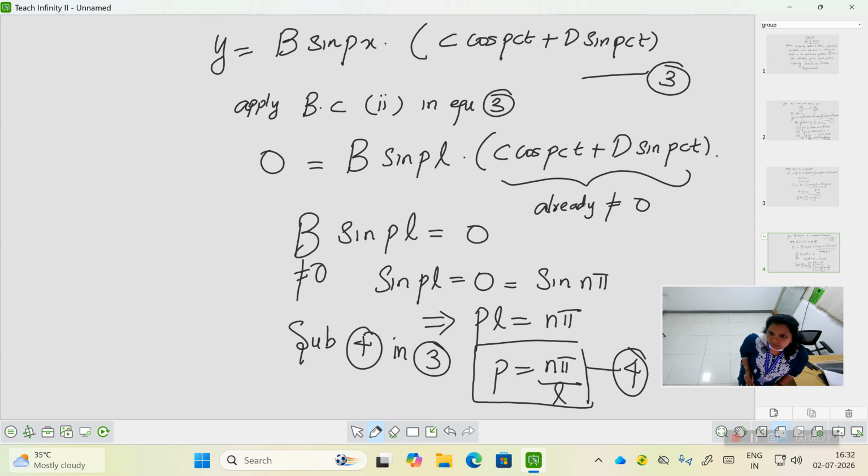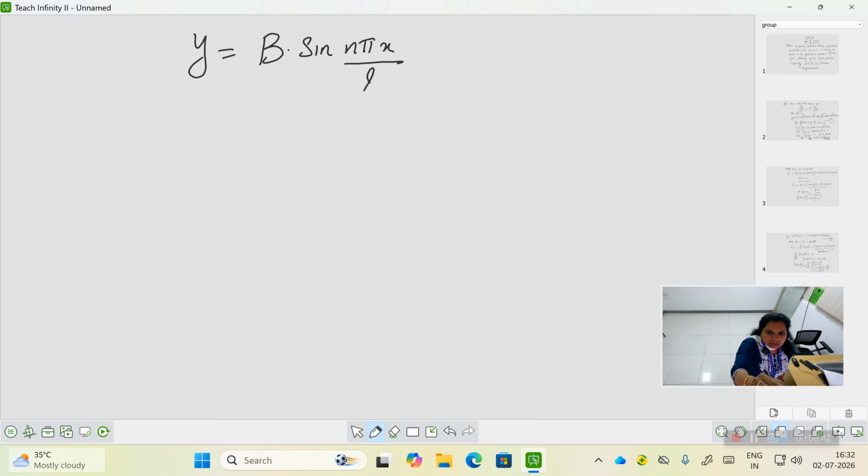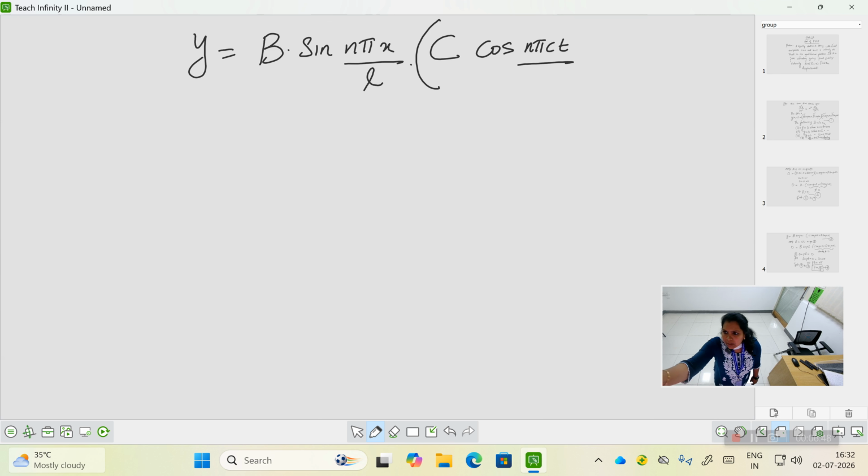So what do you get? We get y is equal to b sin n pi x by L into c, put a bracket here, cos n pi ct by L plus d sin n pi ct by L.